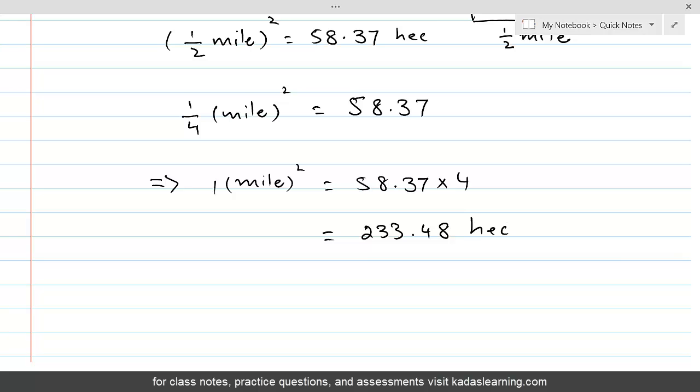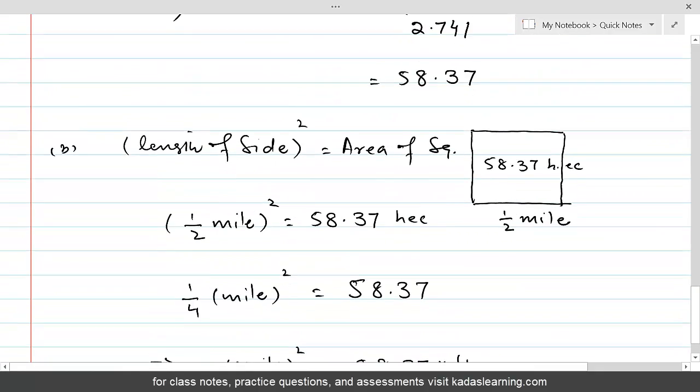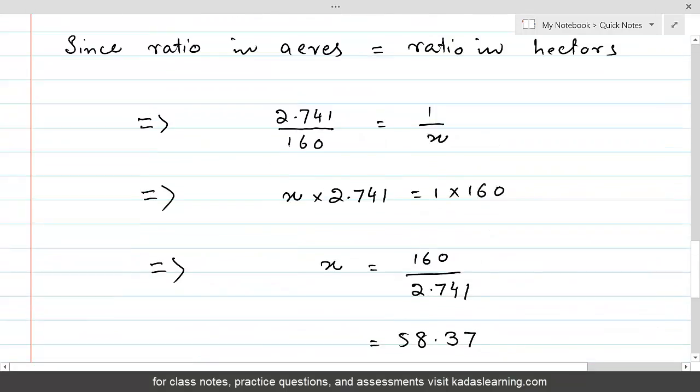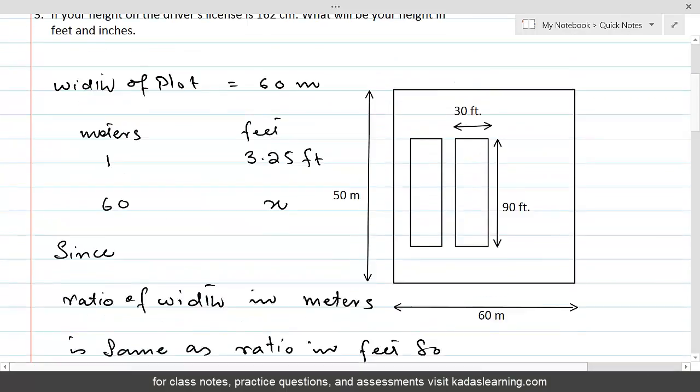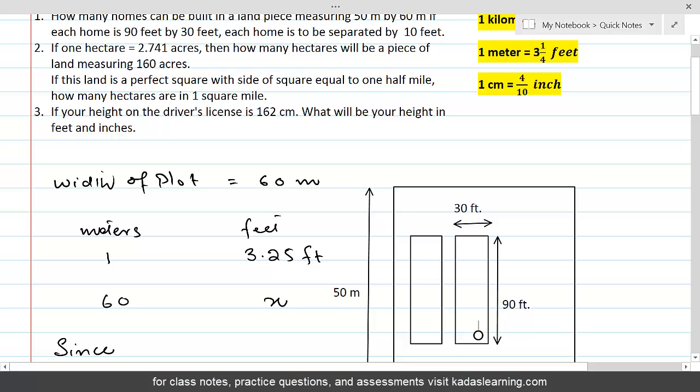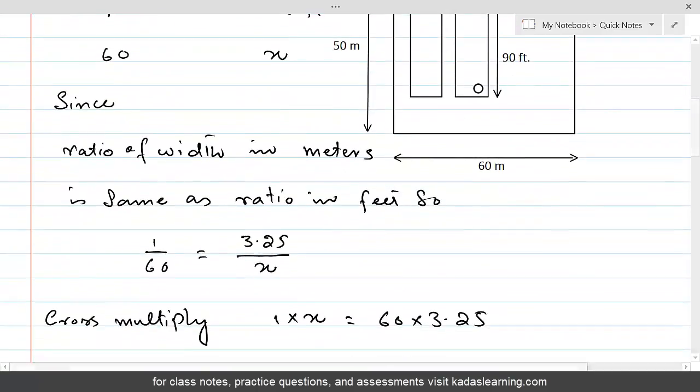And now we will solve question number 3. In question number 3, what we are required to do is convert 162 centimeters into feet and inches.